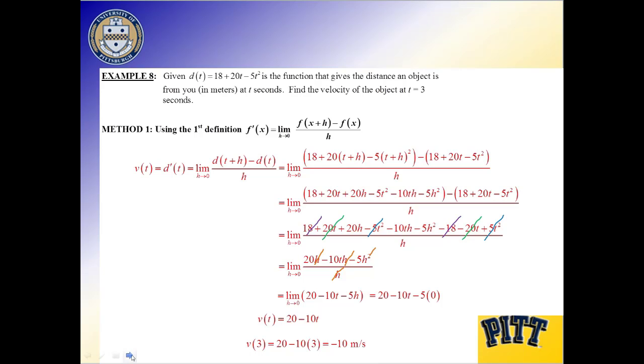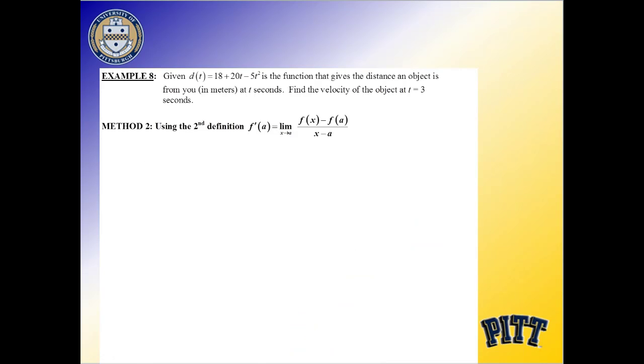My other possible way of calculating this was to use the second definition. This would immediately allow me to figure out the velocity at time 3 without coming up with a formula. That comes in handy if I'm not asked to find several different instantaneous velocities. If I am asked to find several, then I may want to use the first definition, get a formula for velocity, and then use that formula.